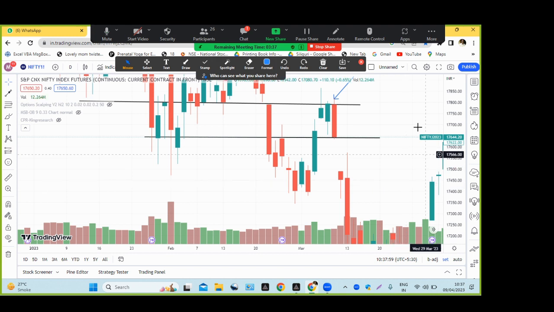So you buy 17,700 put and sell a 17,000 put, a lower level, whatever it is, 400, 300, 200, whatever you want. In this way you will hedge your position, so there will be a limitation of losses. Always try to hedge if you are carrying a BTST.